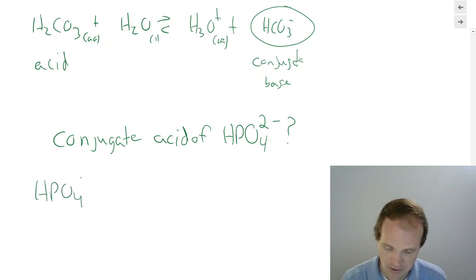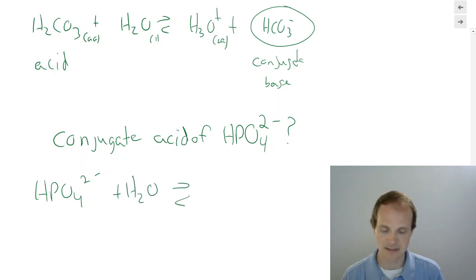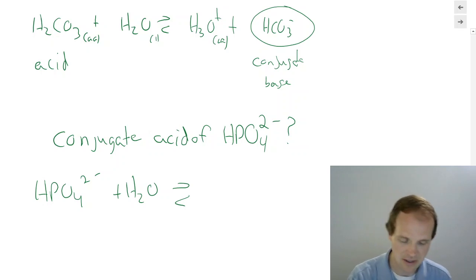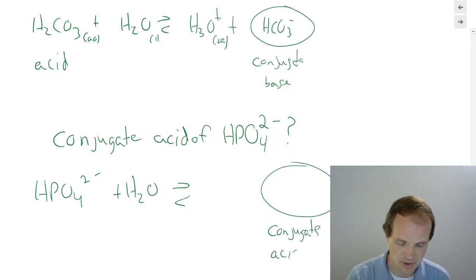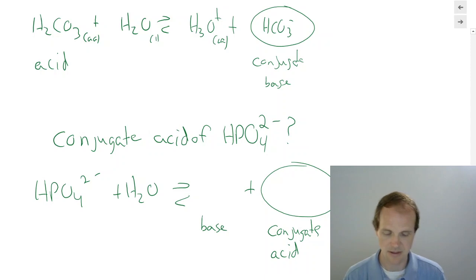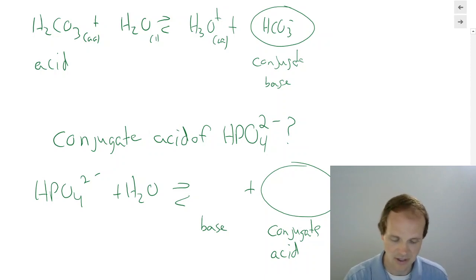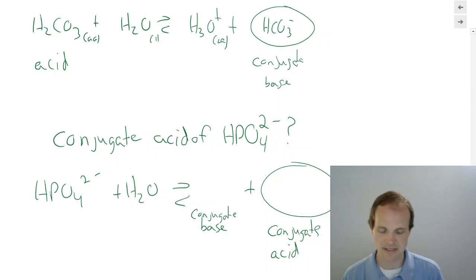HPO4 2-, right, we're going to react that with water. And let's see, in order to have a conjugate acid over here, that means this must be a base, right? I've got to have a base over there because you always have conjugate acids and conjugate bases together.